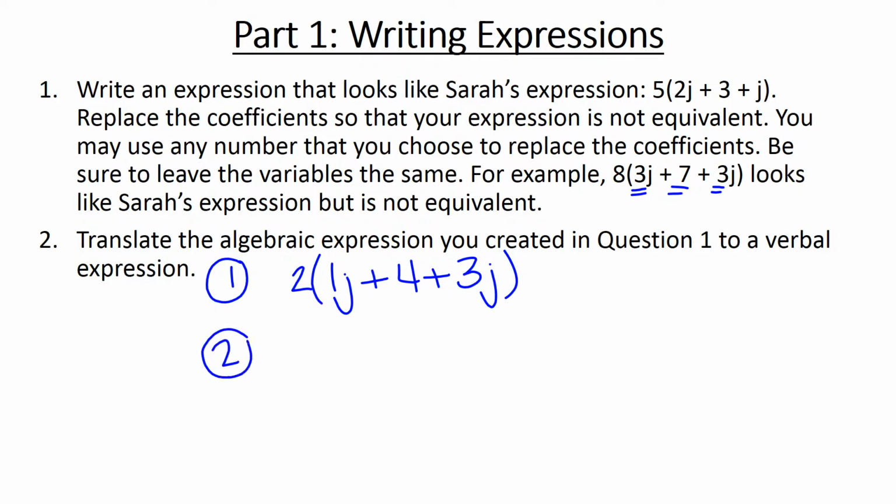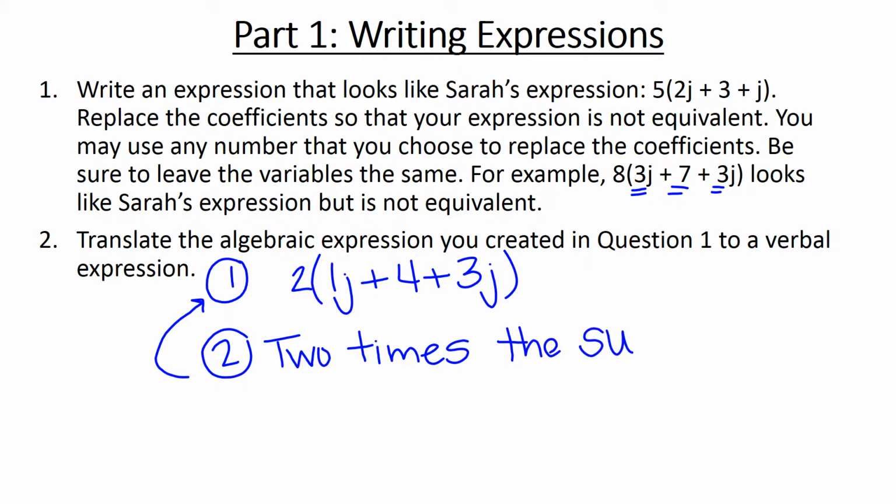Now look at number 2. Number 2 says translate the algebraic expression you created to a verbal expression. So we're writing out a sentence to explain what this means. So I would put, in terms of mine, I'm using mine as a reference, I would say 2 times, 2's outside the parentheses, 2 times the sum. Remember, sum means to add.